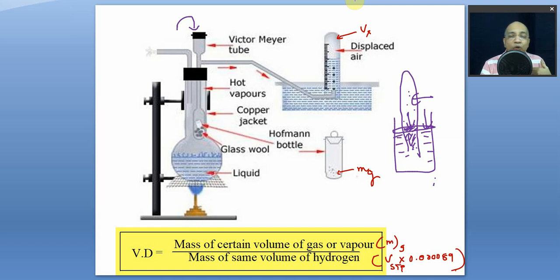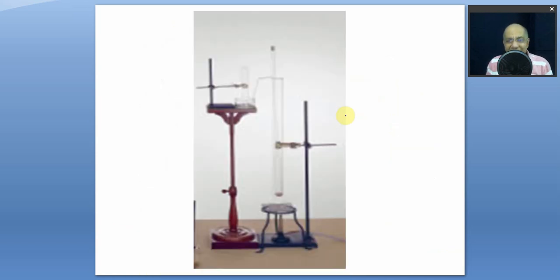We know what liquid we are giving, and they land up with a very, very different result. So therefore, you have to be very careful to do it in a second. You just remove the stopper, then drop the Hofmann's bottle, and then replace the stopper immediately before it vaporizes, right?